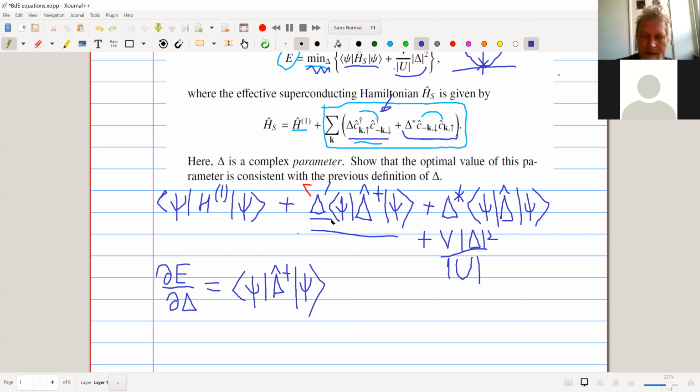This doesn't contribute, it depends on delta conjugated only. All right, that is delta times delta conjugated. So I rewrite it. Fine. So now I can solve it.